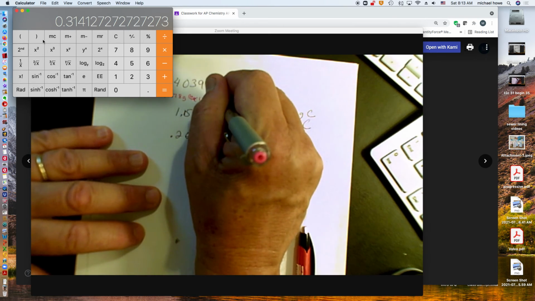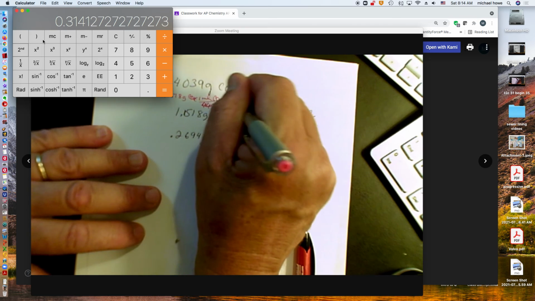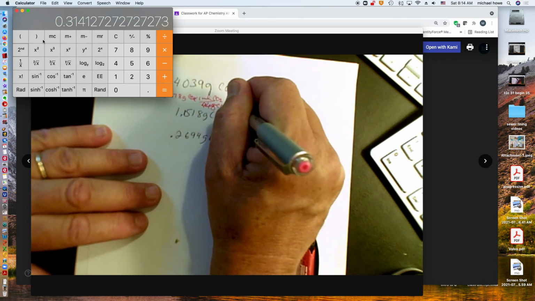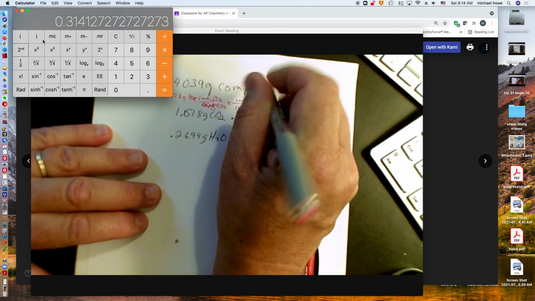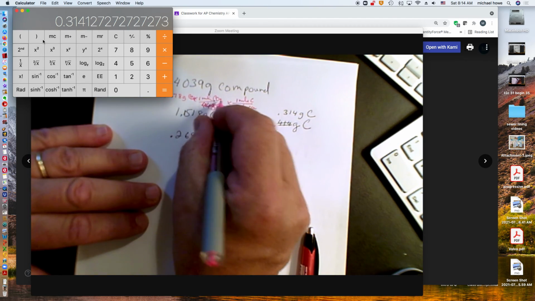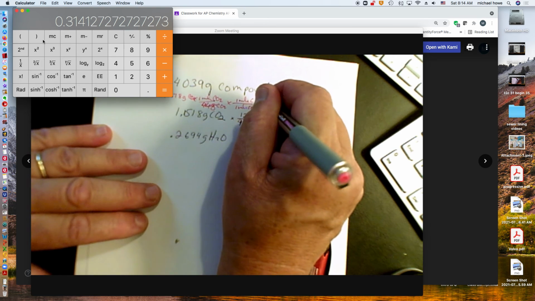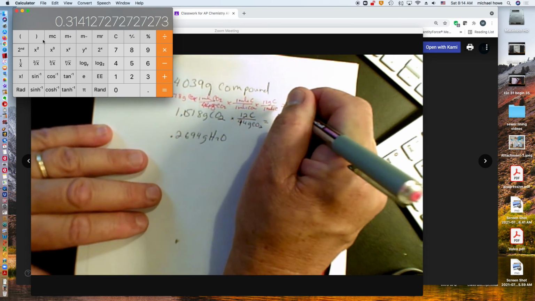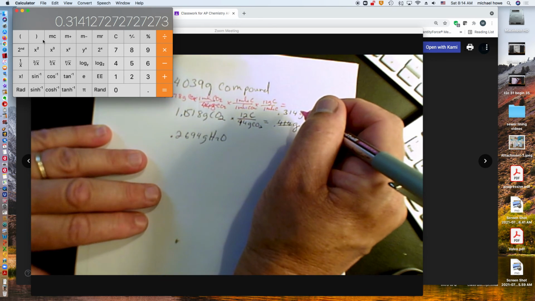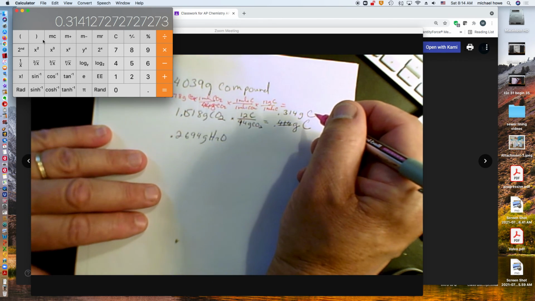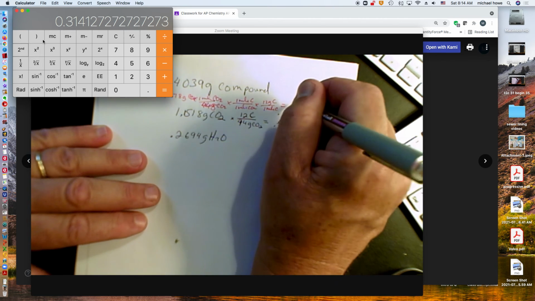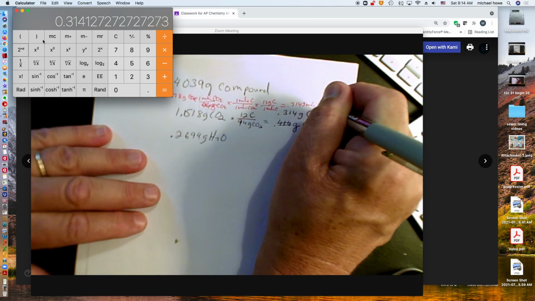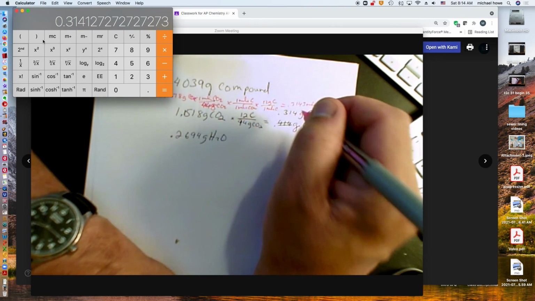So that's 1 mole of CO2 for 44 grams of CO2 times 1 mole of carbon for every 1 mole of CO2. And that's because there's one carbon atom in the CO2 formula. Then you multiply by 12 grams of carbon for every 1 mole of carbon, and that will give you 0.3143. So either way works.